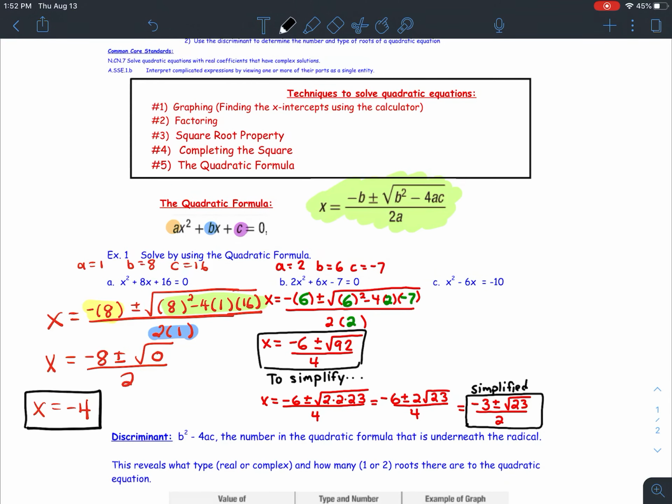That would give us an answer of negative 4. If I go through the problem a second time with subtraction, negative 8 minus 0, divide by 2, I'm still getting negative 4. So I only have one solution. If we were to use the graphing method, this would be hitting the x-axis right at the vertex, and so that's why we're only getting one solution instead of two.